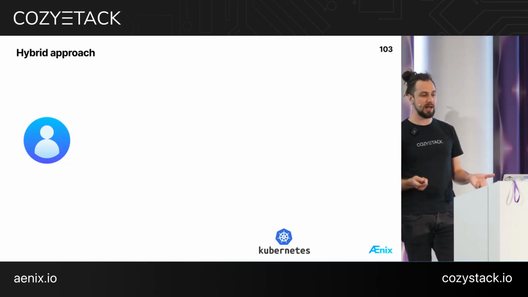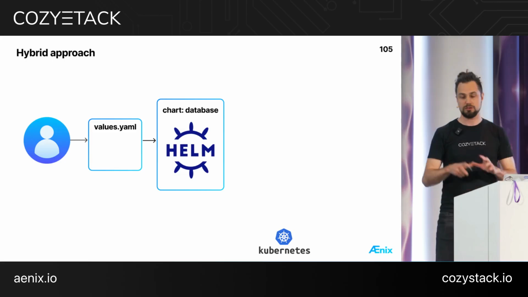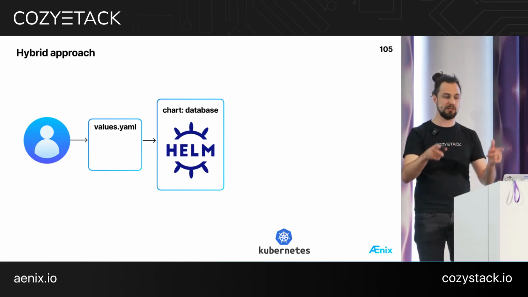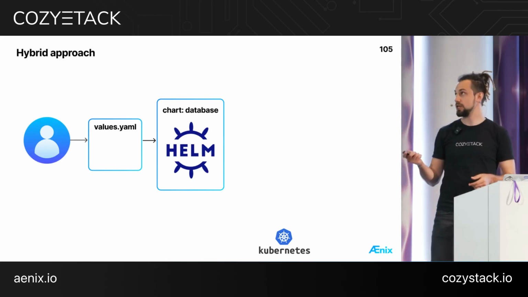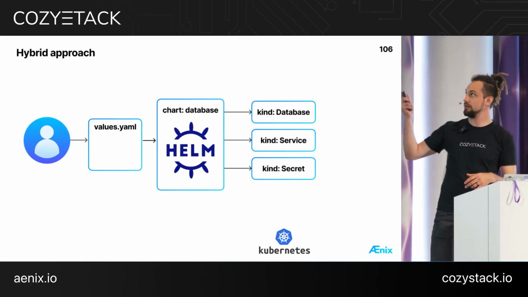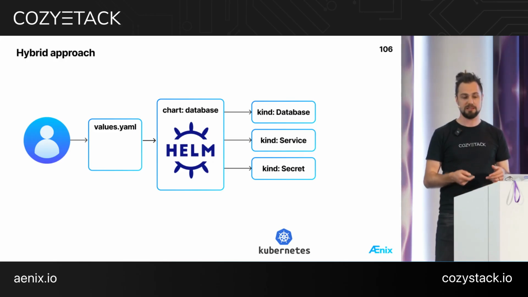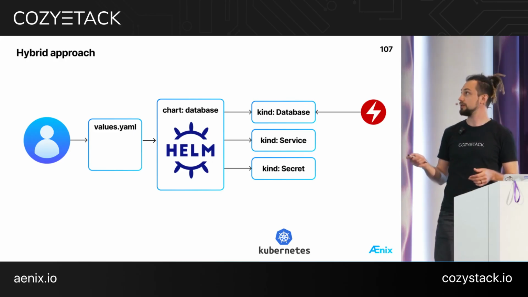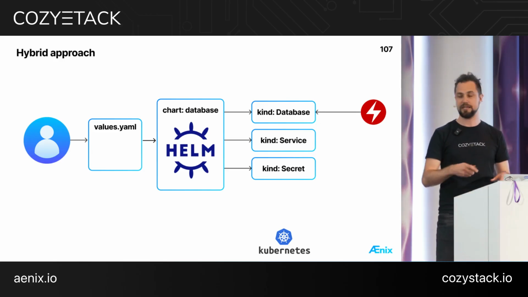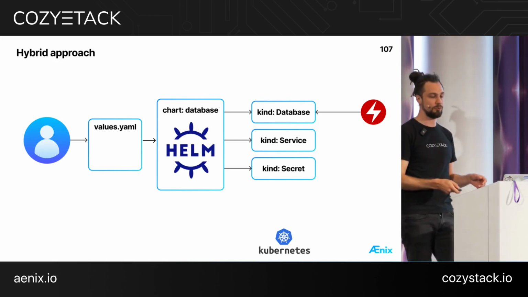Our approach is hybrid. We decided to use Helm as the API. Users can write their own values and deploy charts into Kubernetes, but this chart will actually deploy some kinds for operators. So this kind is managed by an operator, and this way we have an interface for configuration.